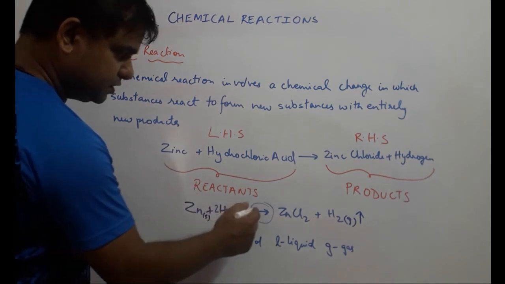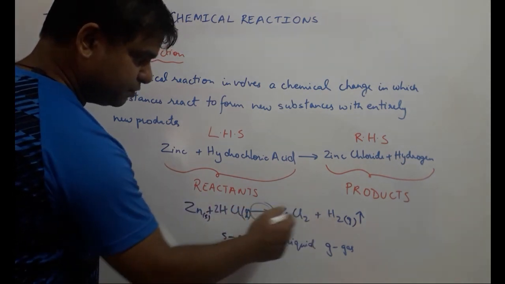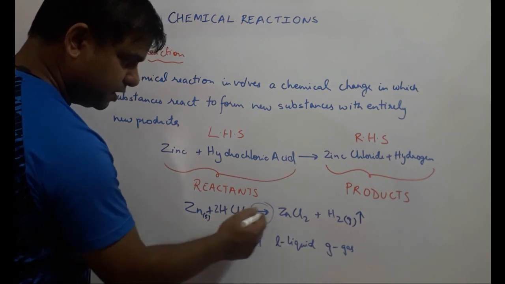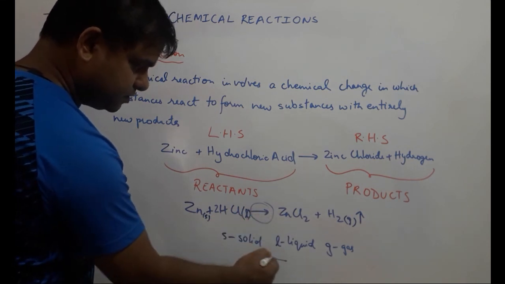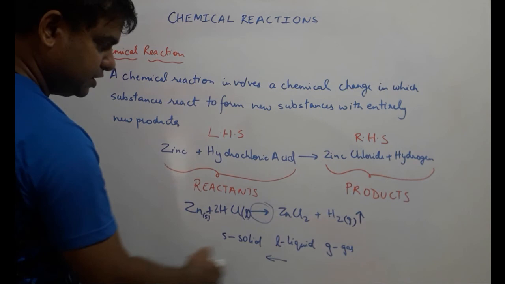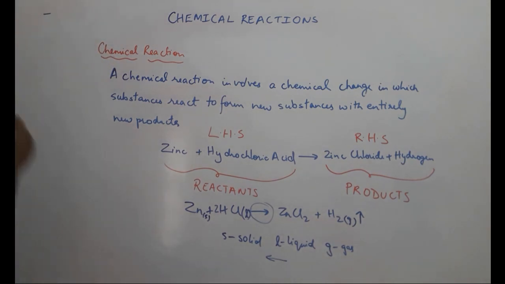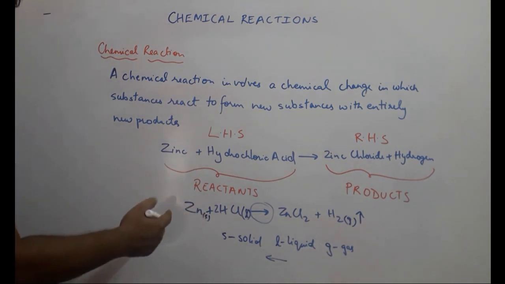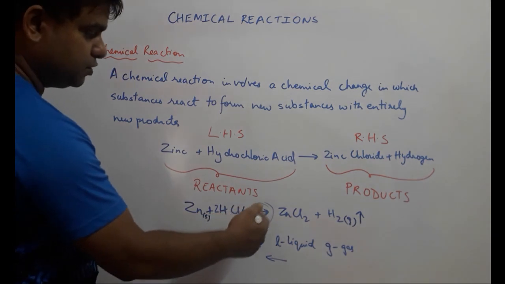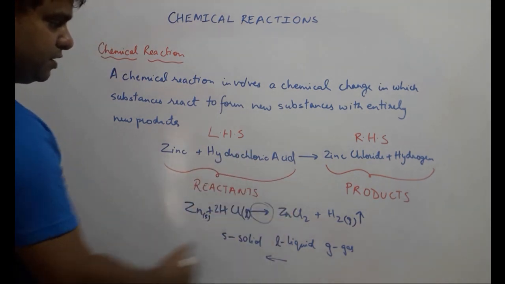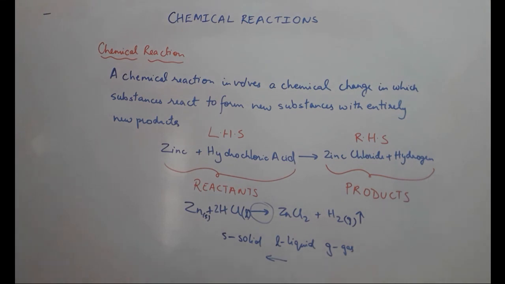If the arrow points this way, it is proceeding this way. If it is marked the other way, then it is proceeding towards your left. Most of the reactions that will be given to you will be proceeding towards your right, that means they are forward moving reactions. Now let's move to chemical equations and how to balance them.